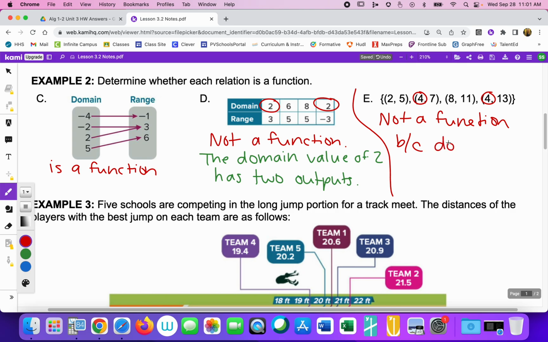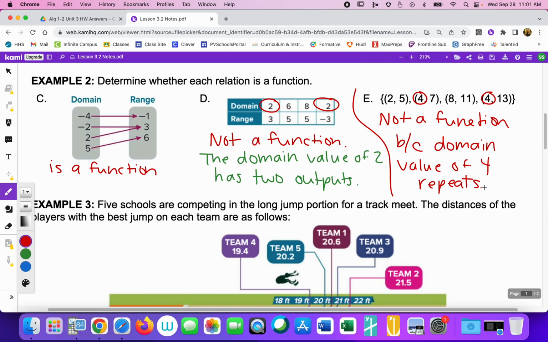Because domain value or element has 2 outputs, or you could say repeats. Something along those lines. So be ready to explain if need be, but it can be something as simple as that every single time.